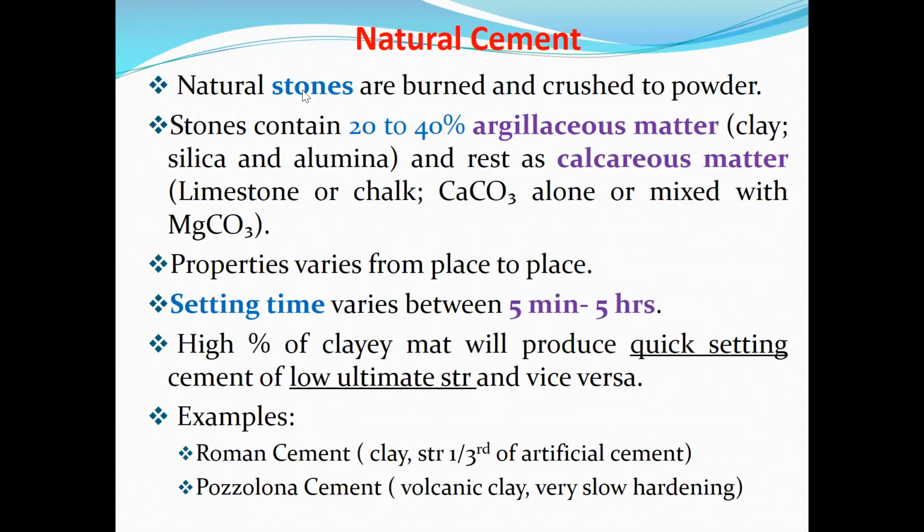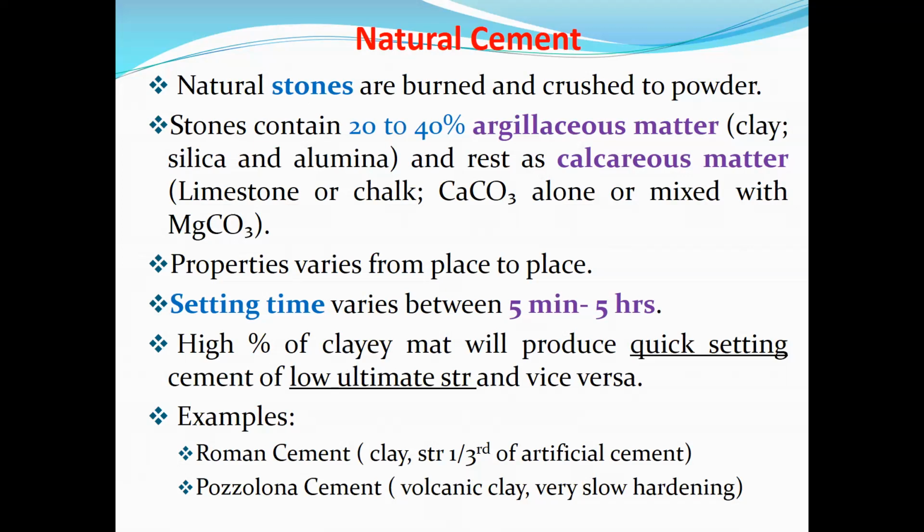Then we'll be talking about the types of cement, natural cement and artificial cement. From ancient days, people used to use, besides lime, some other forms of cement. They used to collect natural stones, burn them, crush them, and make powders. Because from experience, they came to know that certain stones, if burned and then crushed, have some cementing properties.